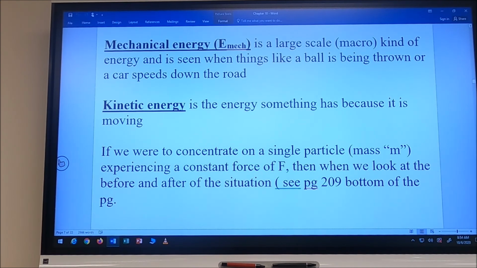Kinetic energy, like I said earlier, is energy something possesses because it is moving. So if we look at a single object that's experiencing a constant force, then we can say the following.